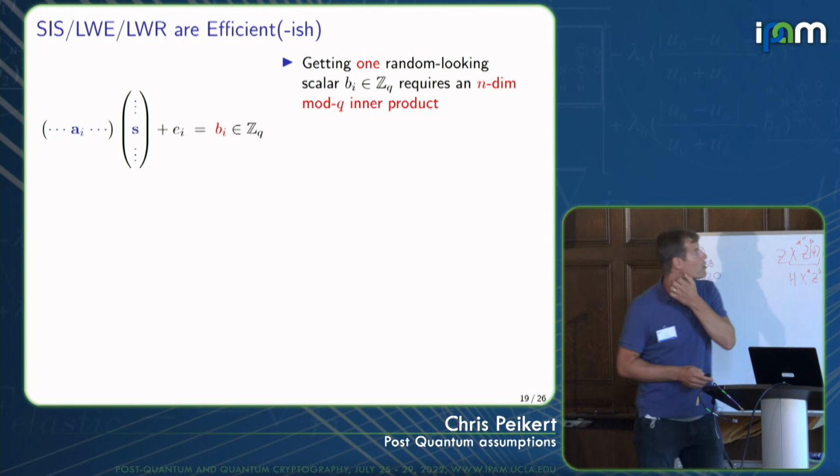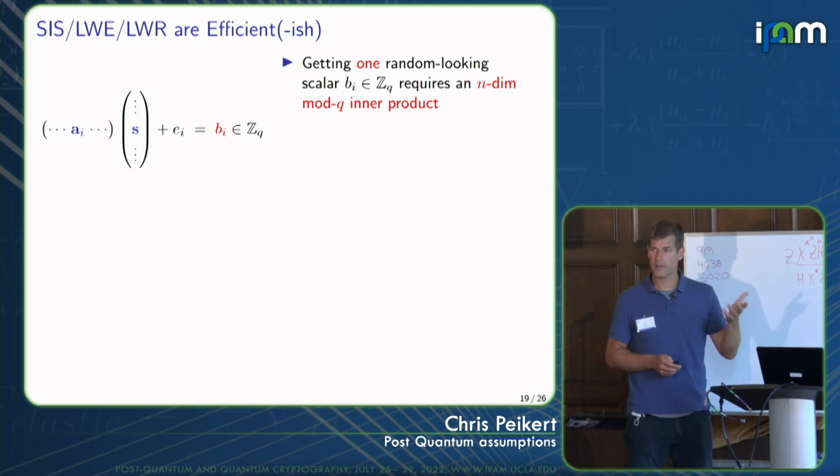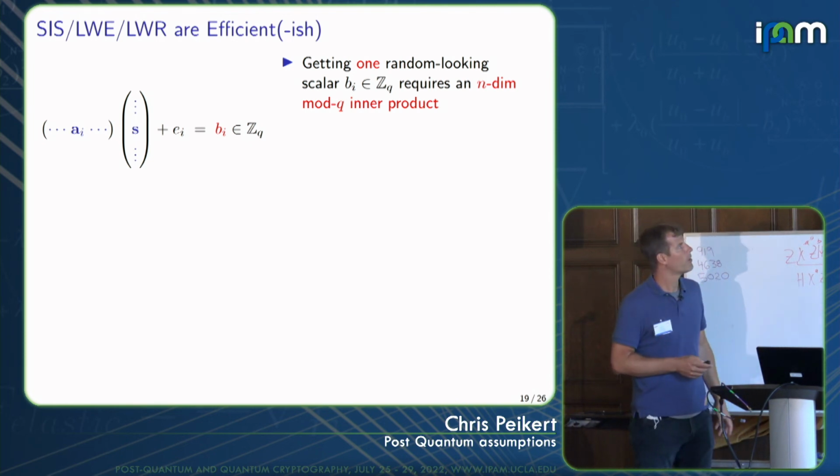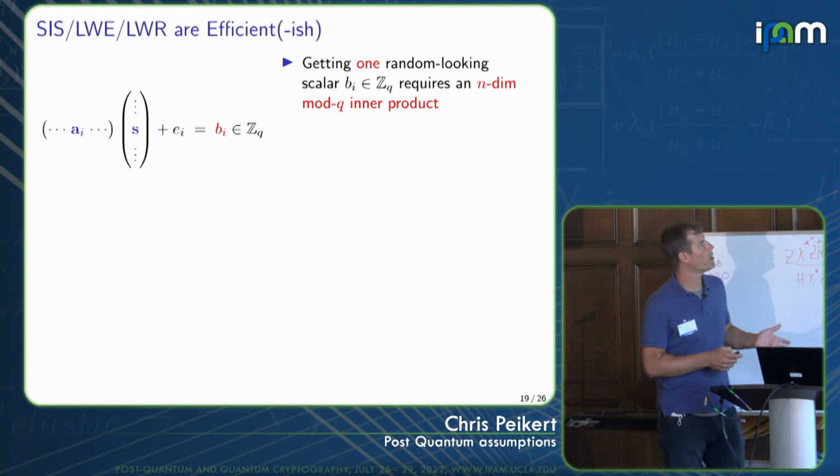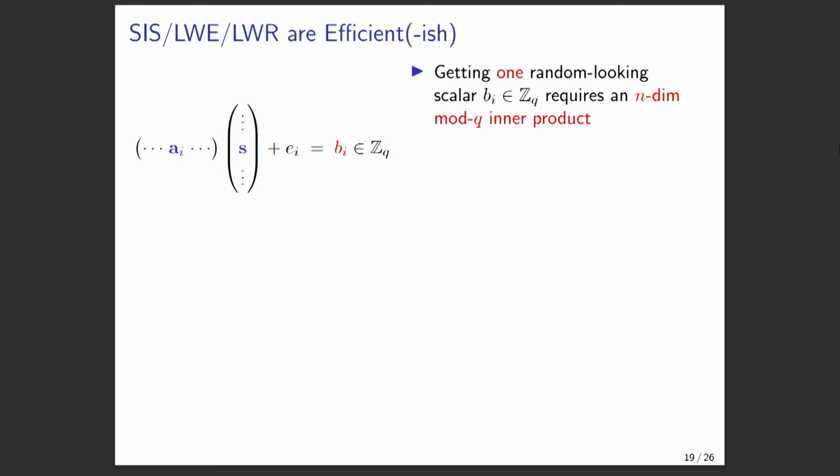So the motivation here is that this SIS, LWE, LWR, they're all pretty efficient. In LWE, if you want to get one pseudo-random scalar, you just have to do an n-dimensional inner product and then add some error to it. That's pretty good. Asymptotically, that's great. That's way better than any kind of factoring-based or discrete log-based thing.